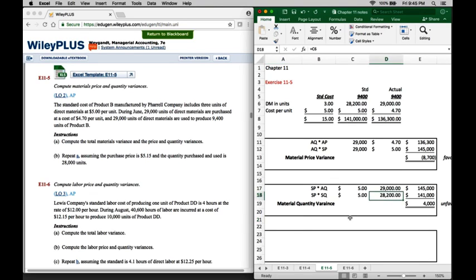We had said that we should purchase 28,200, but we actually purchased 29,000. So the quantity was more, therefore this is unfavorable. Here the actual price was less, therefore it was a favorable variance. Now you add the two together to get the total variance.